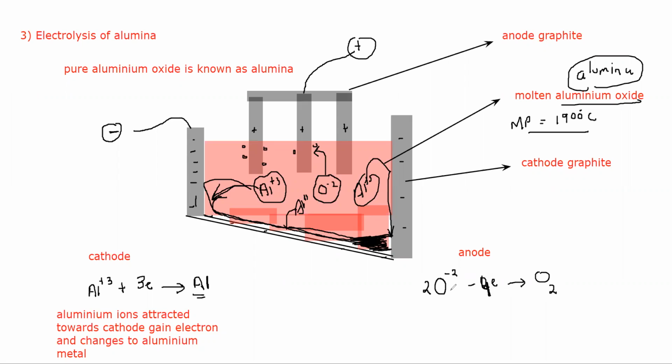So oxygen ions are attracted towards the positive terminal, lose electrons, and form oxygen gas.